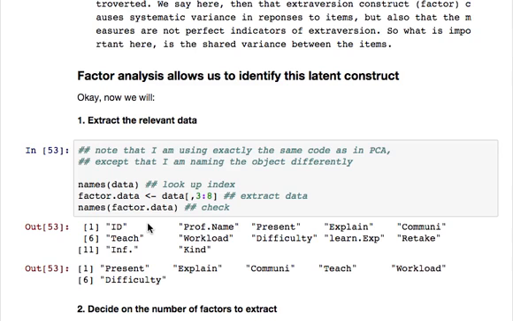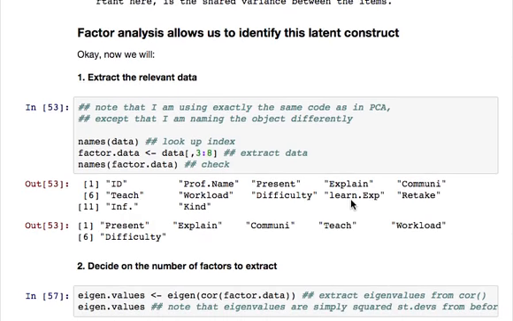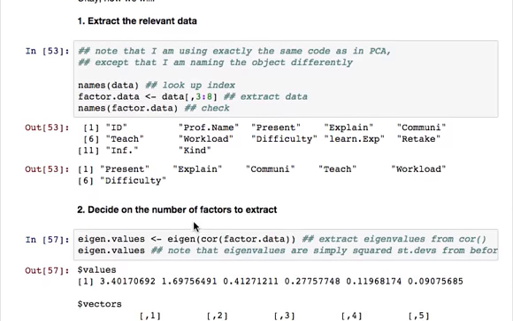I want to make sure now that I have extracted the correct data, so I'm running the names function on this new object factor data, and I see that we have present, explain, communicate, teach, workload, and difficulty extracted quite successfully, and the object does not contain the other variables that are less relevant: the ID, professor name, influence or kindness, learning experience, and retake rate.